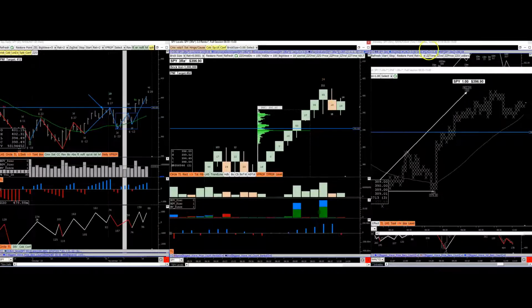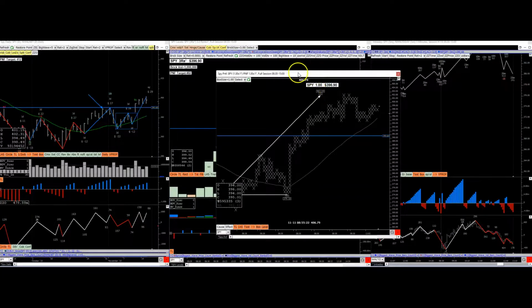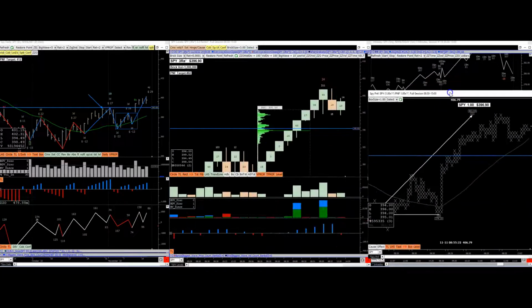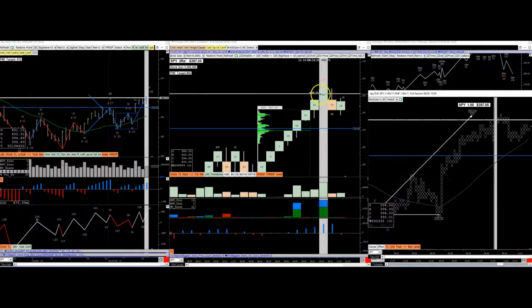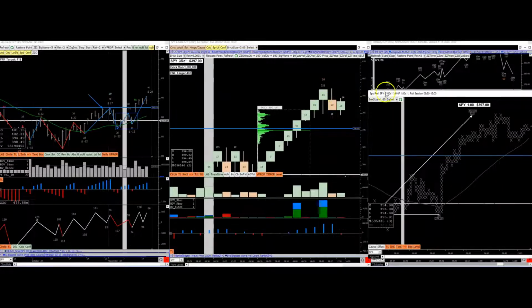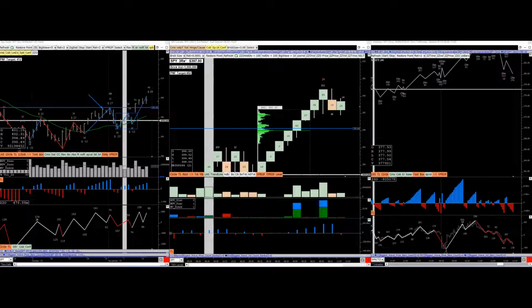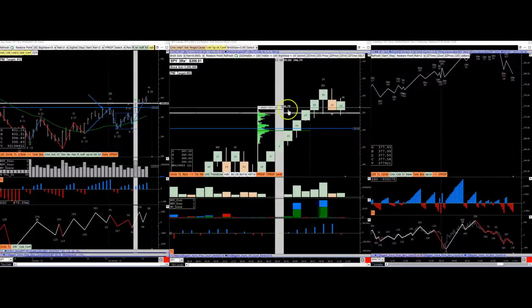So this is the target, or the effect, and look what's happening there. Now, this is climactic action. And this is all happening at current market.